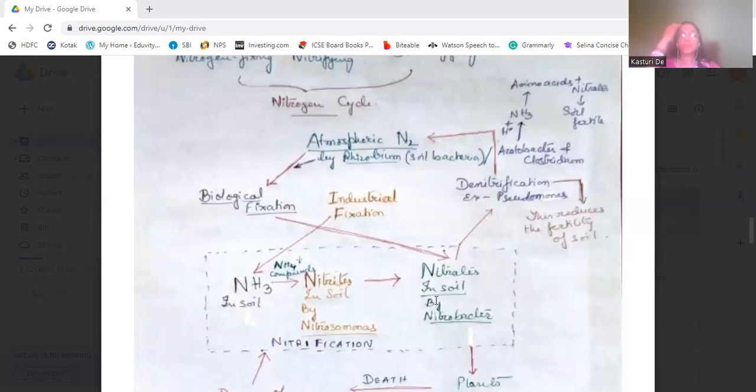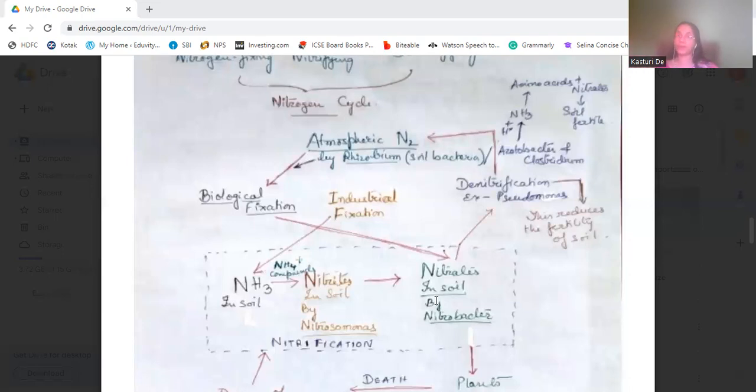Then industrial fixation is also there, where ammonia, which is present in the soil, is first converted into ammonium compounds, and then they are converted to nitrites in the soil by nitrosomonas bacteria, and then nitrobacter converts nitrites to nitrates.